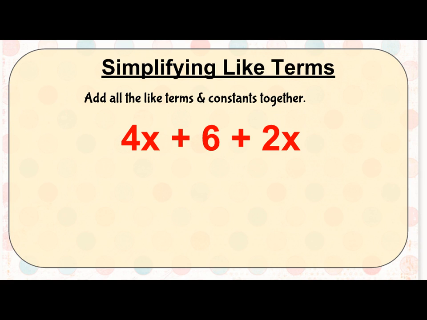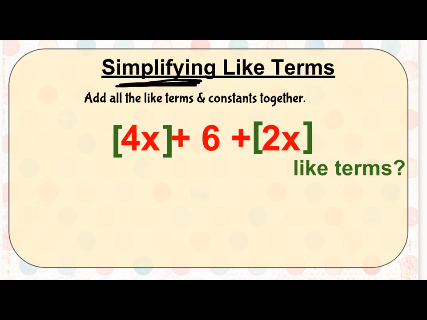So, simplifying like terms now, once we've got that part down and being able to figure out what are like terms when we can match them up, simplifying's not too bad. So what we do is we figure out what our like terms are. We box everything up, find our like terms, and say, okay, I've got a 4x and a 2x. Well, if I take 4x's and I add 2x's to it, meaning I want to write this as simple as I possibly can.